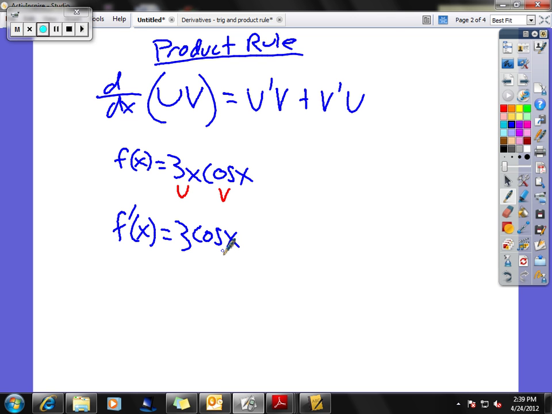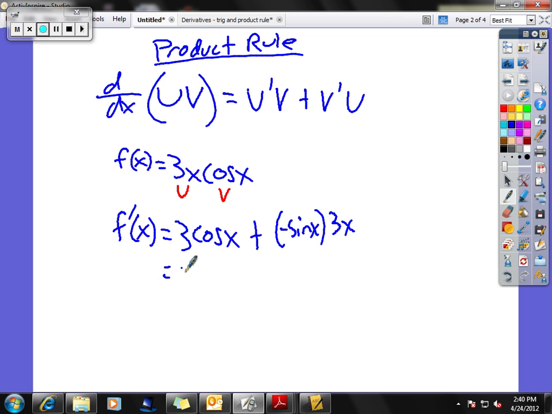So it's u prime and v, plus v prime, which is negative sine x, times u the way it is, 3x. The only thing you really need to do to simplify is any negative signs, coefficients and x's are going to come out in front of the trig function.